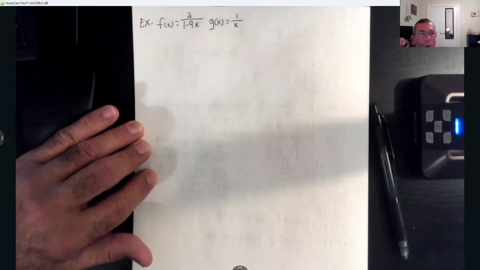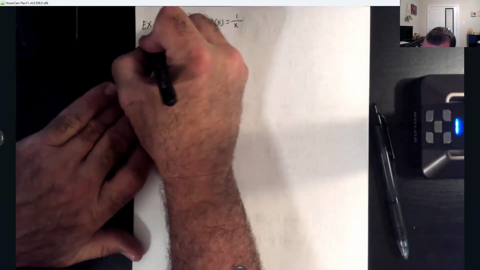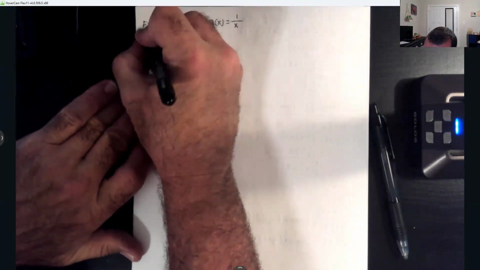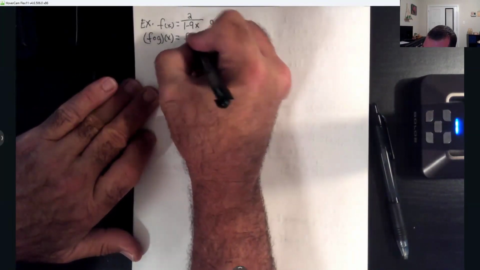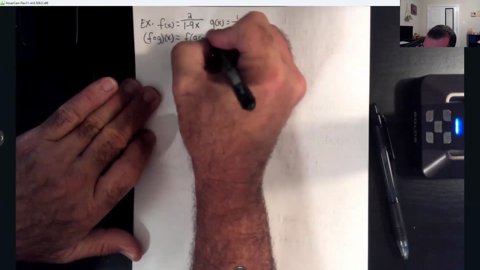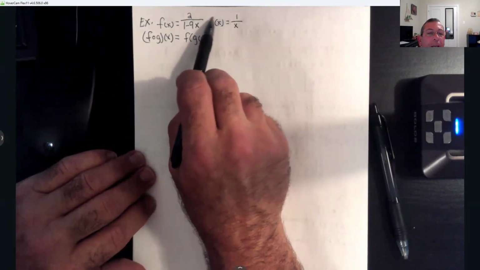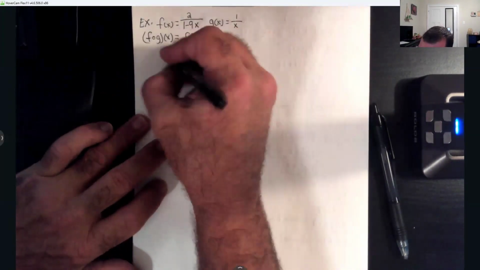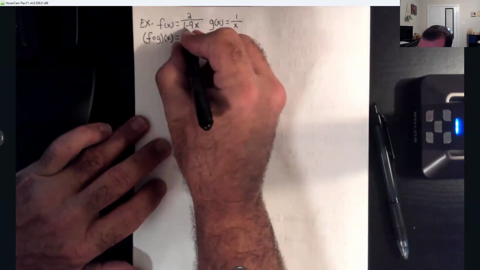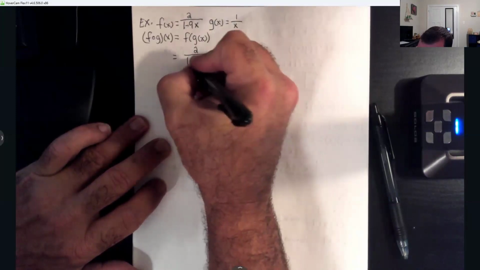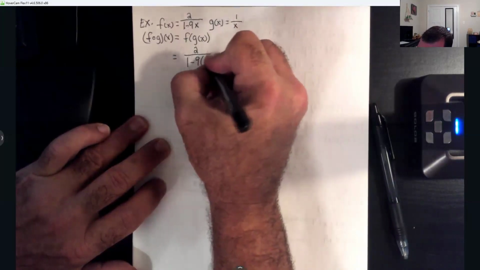First of all, we're going to find f composed g of x. So we said that would be f of g of x. So we're going to take the f function and put this g in for that x. So that'll give me a 2 divided by 1 minus 9 times my x, which is 1 over x.